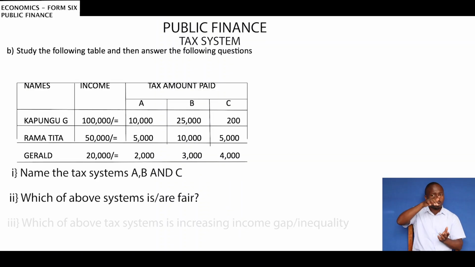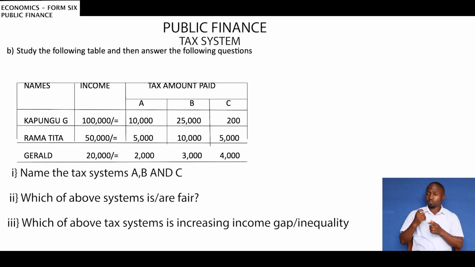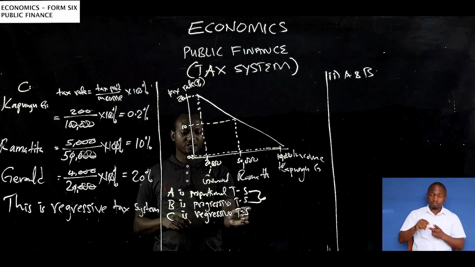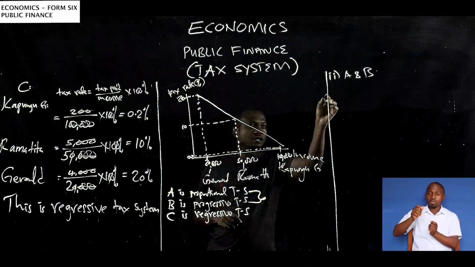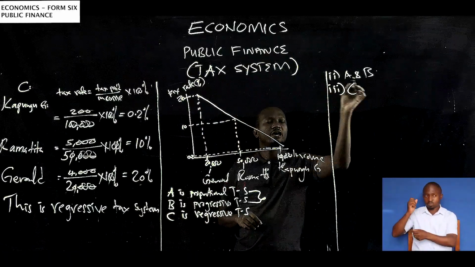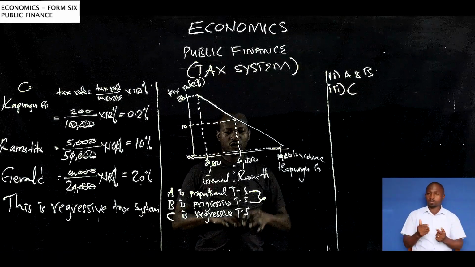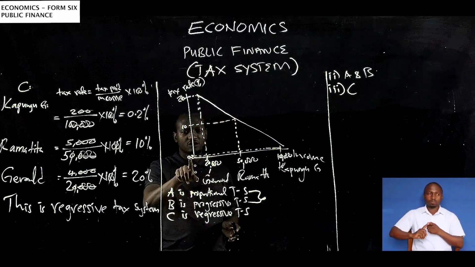Roman 3, which of the above tax systems increases income gap or inequality? The tax system which increases the income gap is C, which is regressive, because the lower income earners are taxed more, at a high tax rate, while the rich class are taxed at a low tax rate.